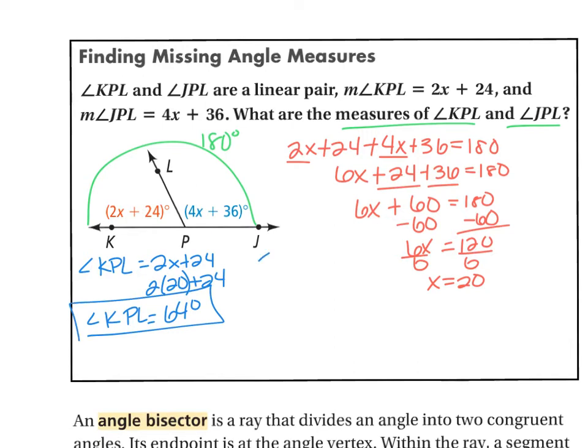And then let's do angle JPL, which is 4x plus 36. So 4 times 20 plus 36, 80, 116 degrees is what JPL is. Sweet, we have our answers.